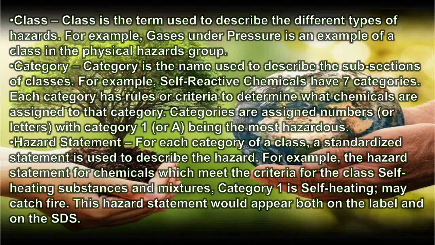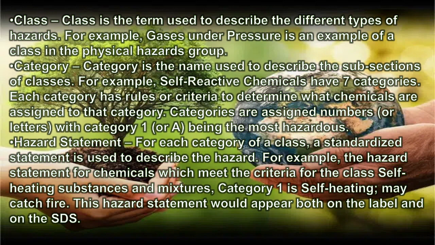Category. Category is the name used to describe the subsections of classes. For example, self-reactive chemicals have 7 categories. Each category has rules or criteria to determine what chemicals are assigned to that category. Categories are assigned numbers with Category 1 being the most hazardous.